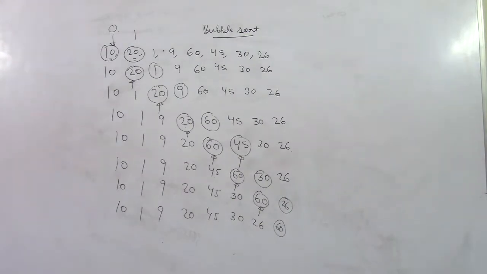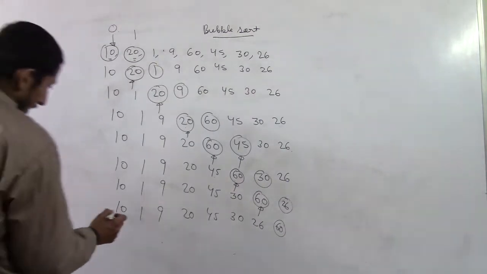In order to compare 8 elements, I need 7 passes, or we can say 7 comparisons, because in order to compare 2 elements, what is going to happen? One comparison will sort 2 elements. Are you following this one? So I have 8 elements, so I need 7 comparisons. But what will happen in the next pass?